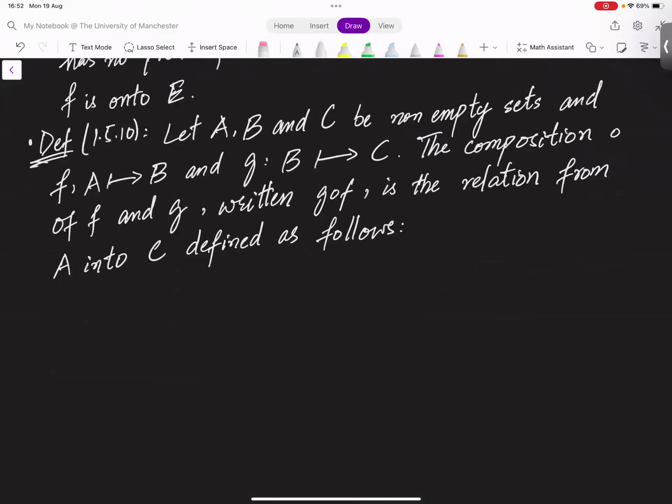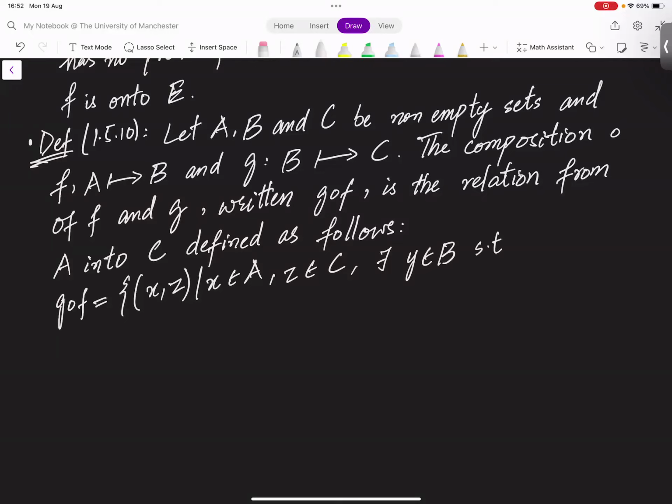Defined as follows, g of f is nothing but the set of pairs (x, z), given that x in A, z in C, and there exists y in B such that f of x is y and g of y is z. g of f is such a relation.